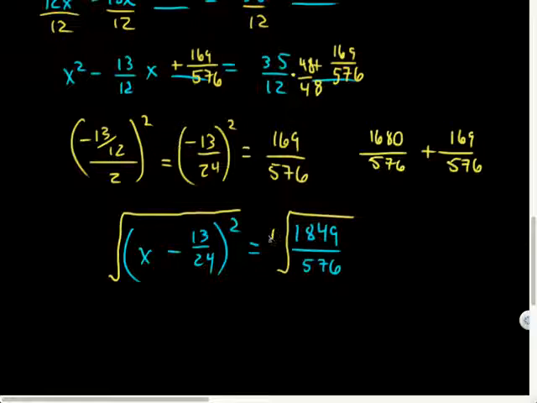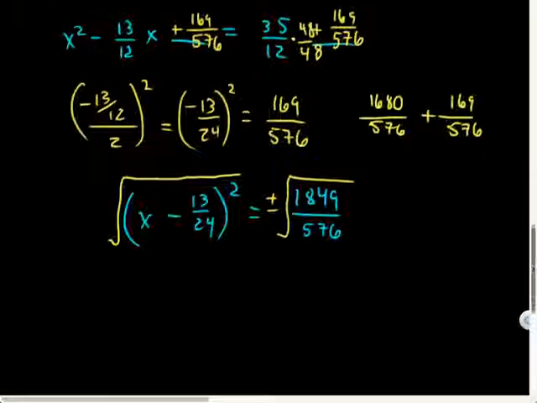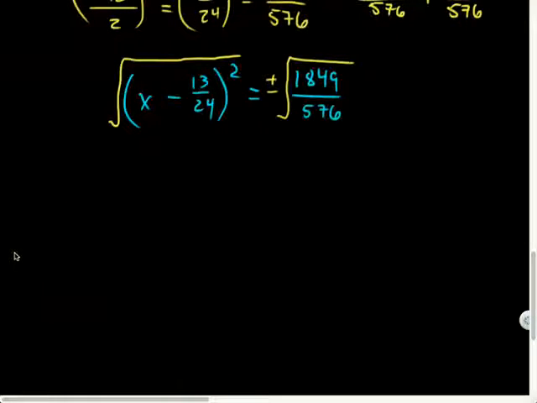Wait, where did the 1680 come from? 1680 came from 35 times 48. So root both sides plus or minus. Never gonna forget the plus or minus. x minus 13/24 equals plus or minus.